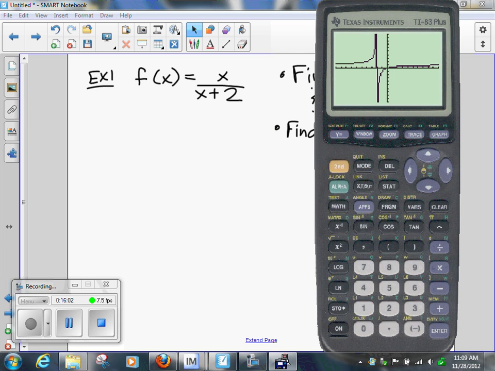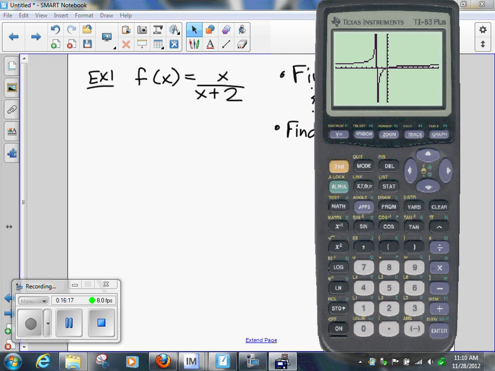Okay, folks, we don't know why this calculator shows the asymptote and why some of your calculators don't. I asked the pro, he doesn't know either. We don't know why, okay?